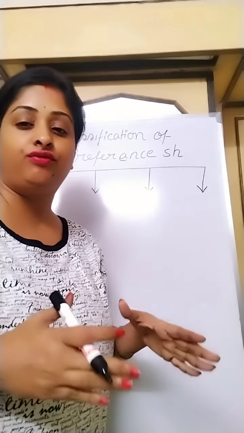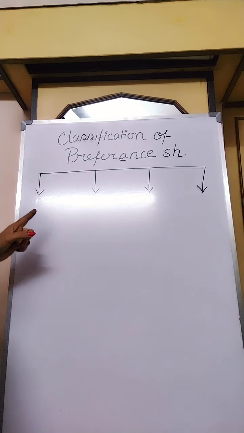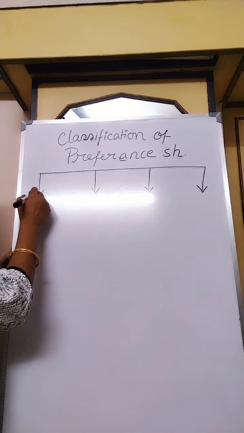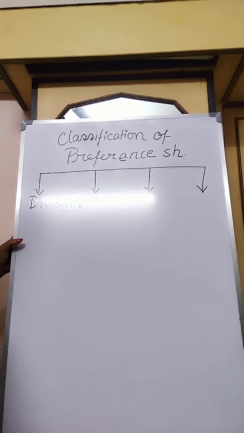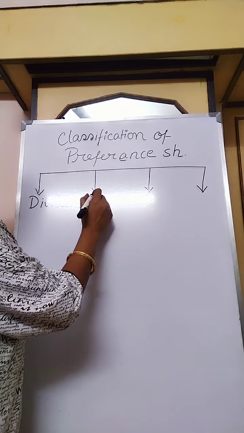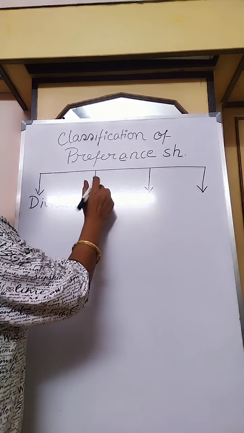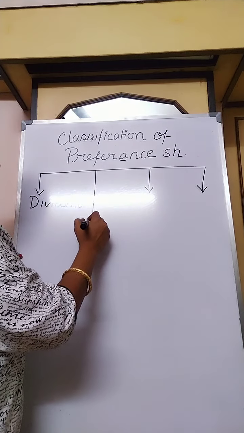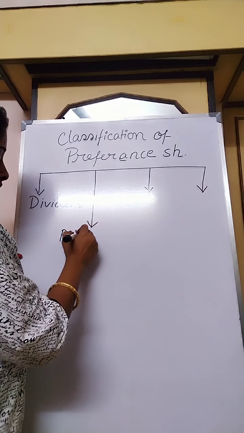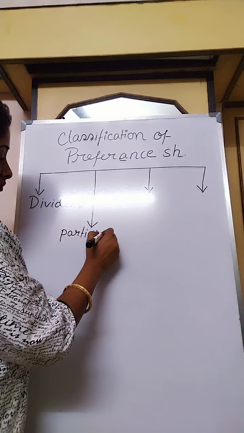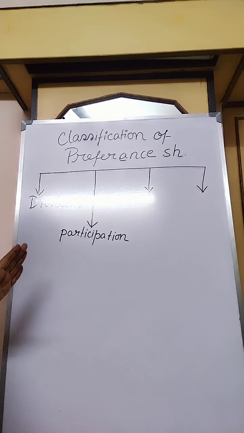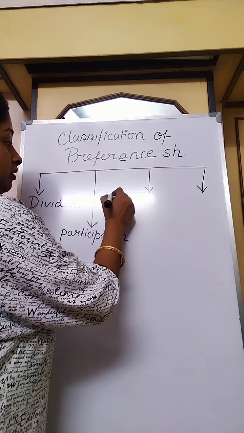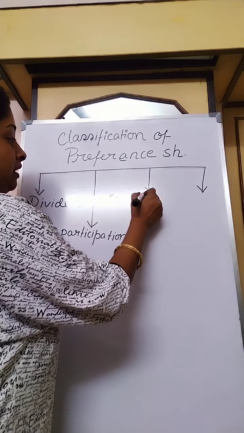That basis I am going to write first under these arrows. First is with reference to dividend, on the basis of dividend. Second is on the basis of participation. Third category is convertibility.